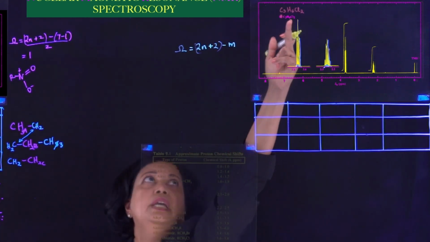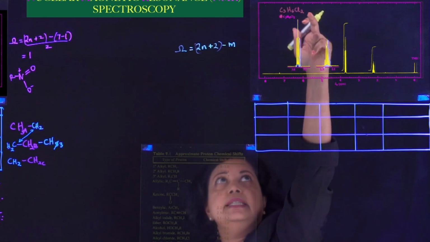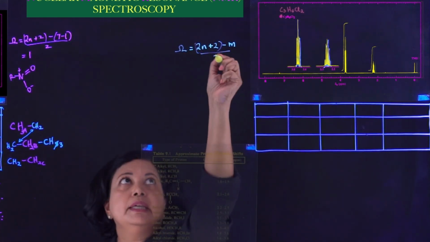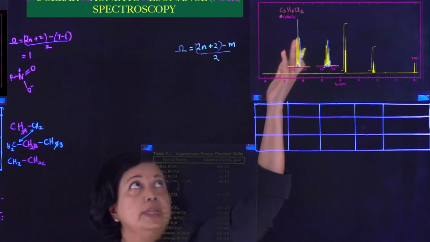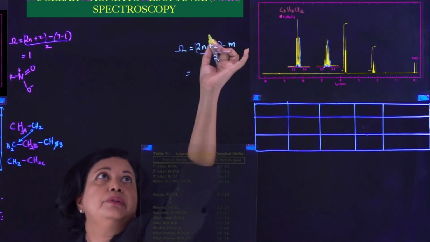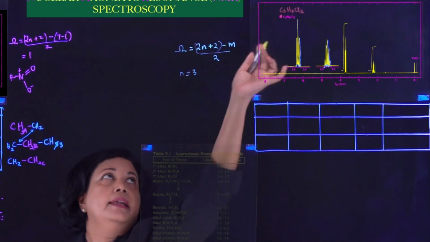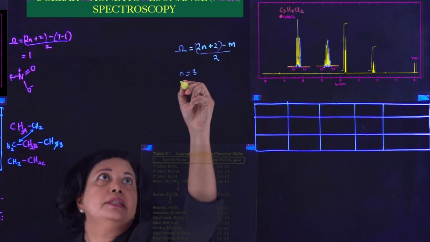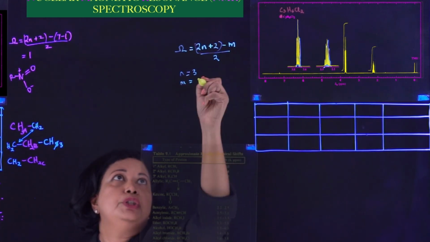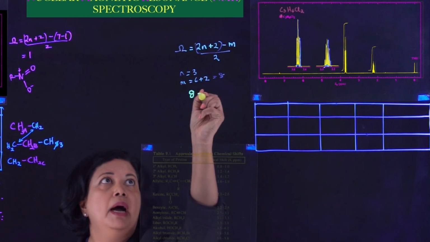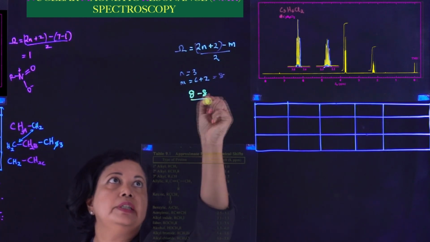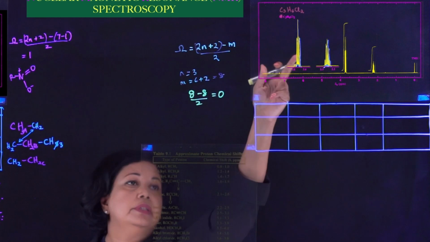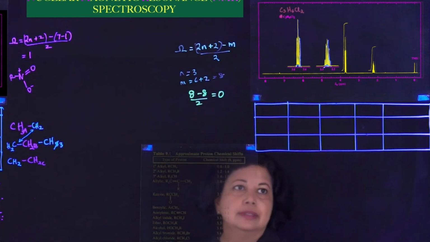In this case, you have to add to this the chlorines, because for halogens you add 1 for each halogen. N is going to be 3 here, and M is going to be 6 plus 2. So 8 minus 8 over 2 is going to be a 0. There's no double bonds here.